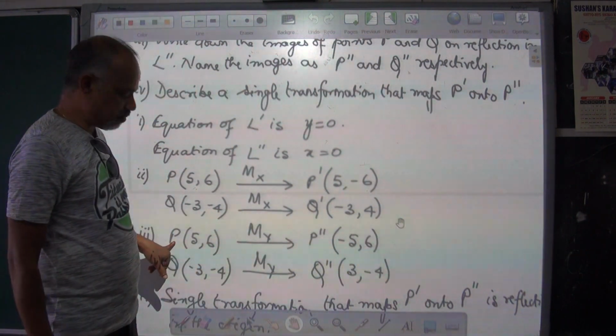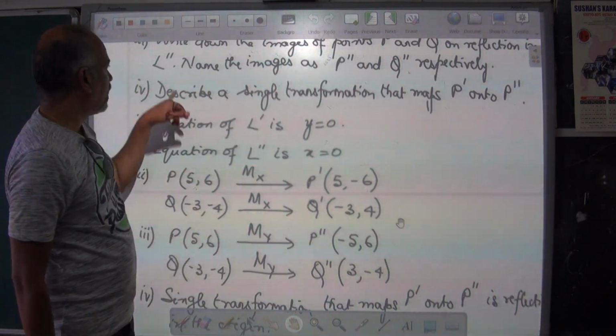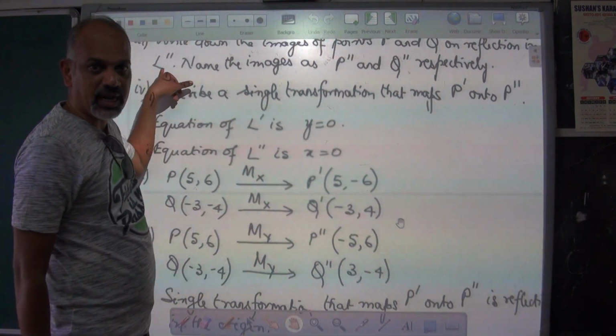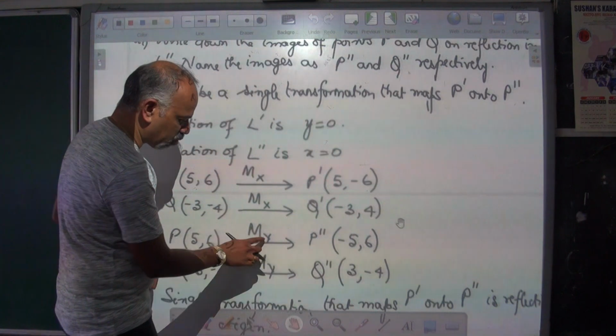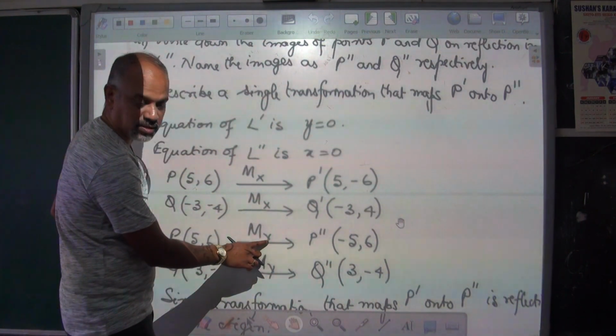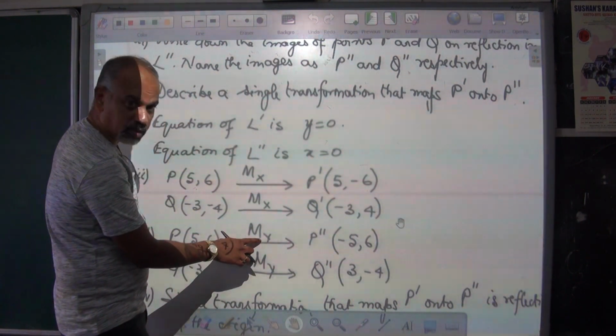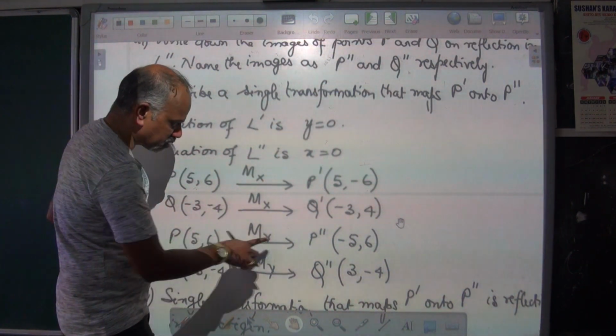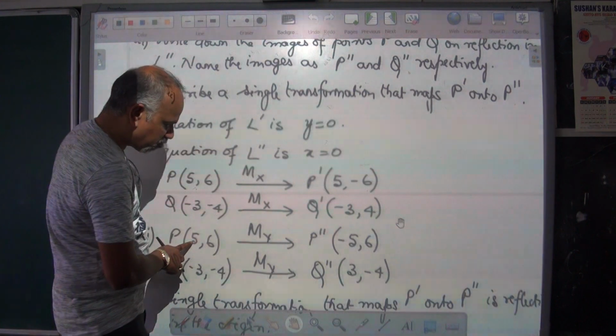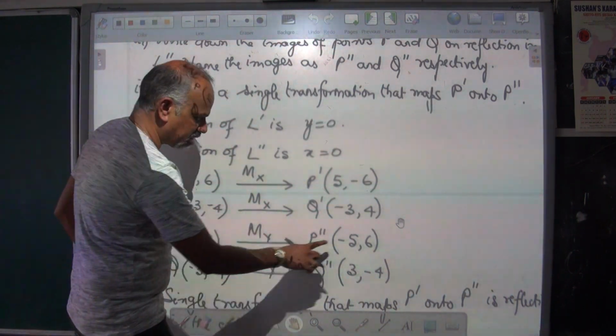We start with P again, which is 5, 6. Now you're going to reflect in the line L double dash, which is the y-axis. So on the arrow I've written MY, meaning the mirror is the y-axis. When you reflect any point on the y-axis, the x coordinate sign will change. So P becomes P double dash: 5 becomes -5 and 6 remains the same.